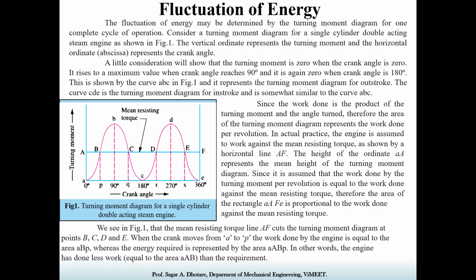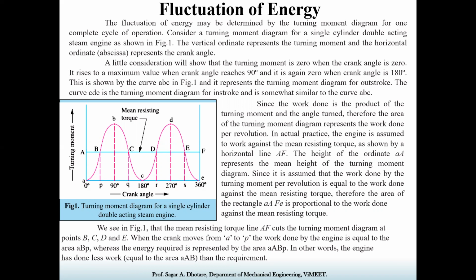Considering the turning moment diagram for a single cylinder double acting steam engine, the vertical coordinate represents the turning moment and the horizontal coordinate represents the crank angle. You can see it on the x-axis and y-axis.